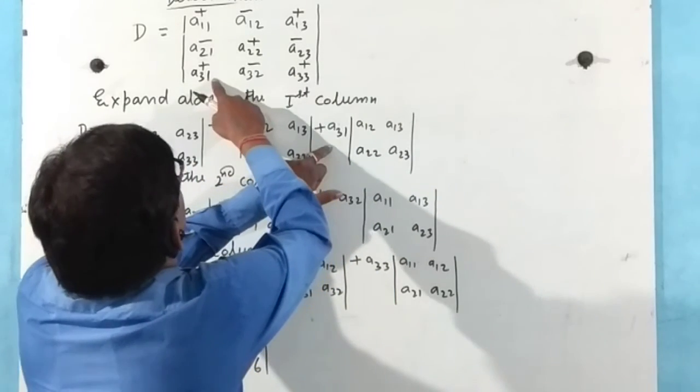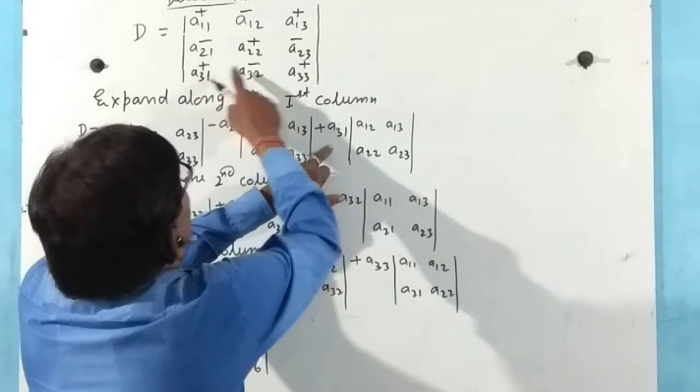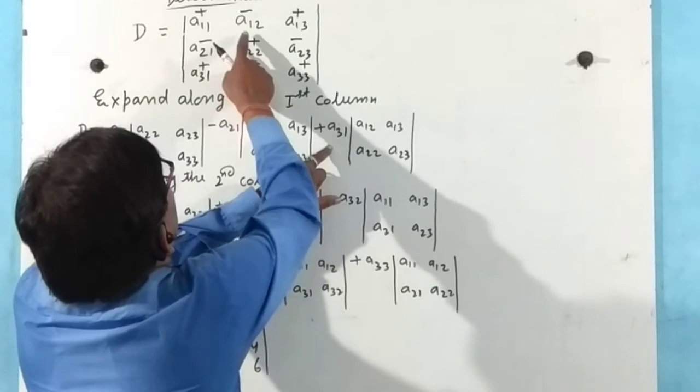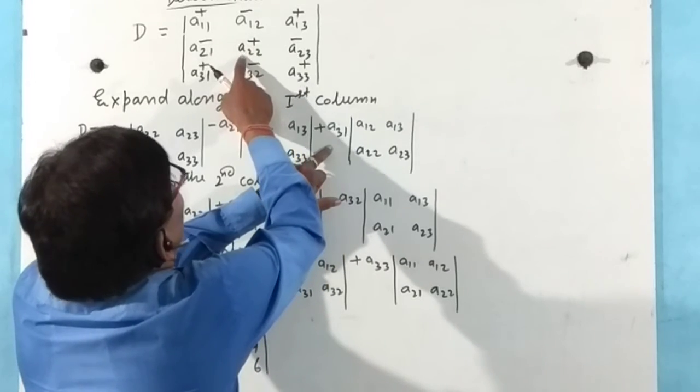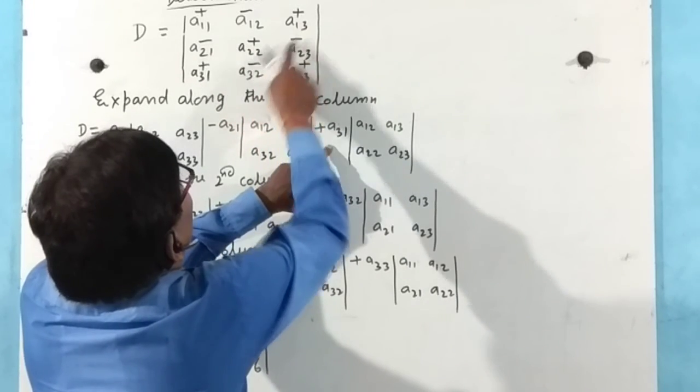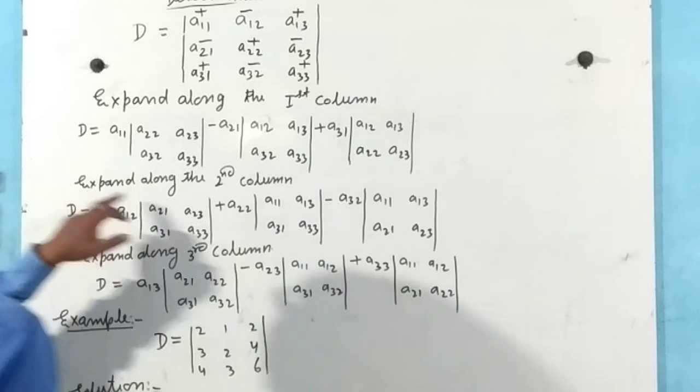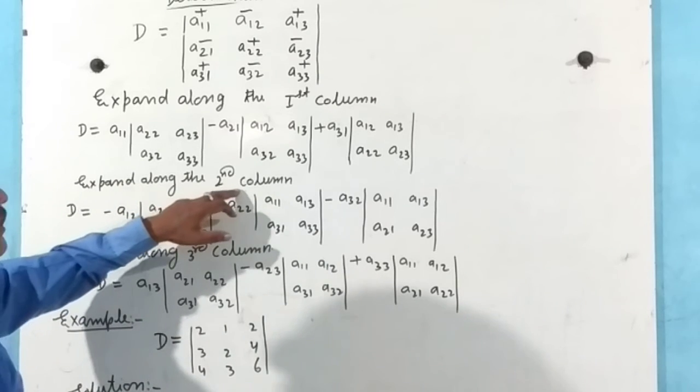Now A31 plus and deleting this and this, so that A12 and A22, A13 and A23. Now similarly expand along the second column.